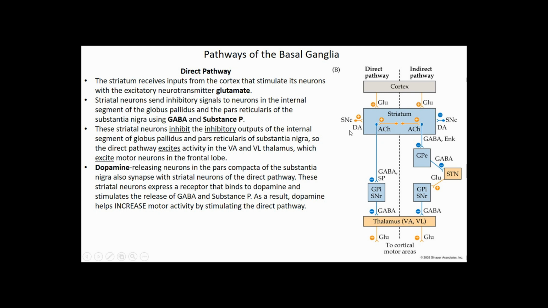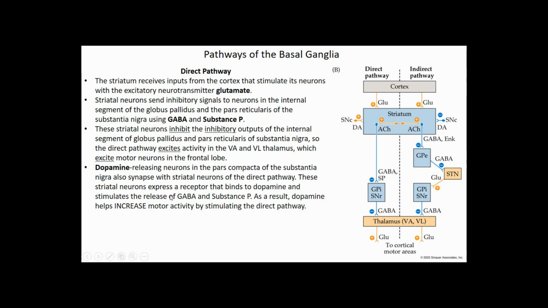So substantia nigra will actually make the direct pathway work better by increasing the inhibition of the inhibitor of the VA and VL thalamus. So long story short, as before, direct pathway makes motor activity more pronounced, and substantia nigra's dopamine makes that happen even better.